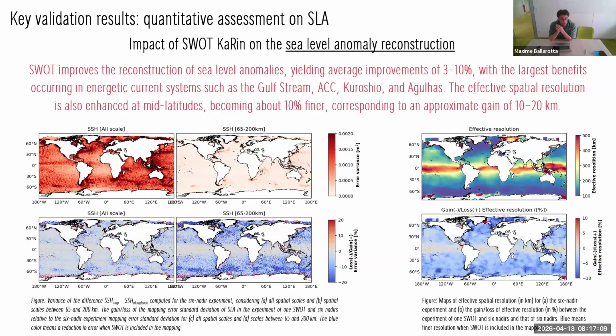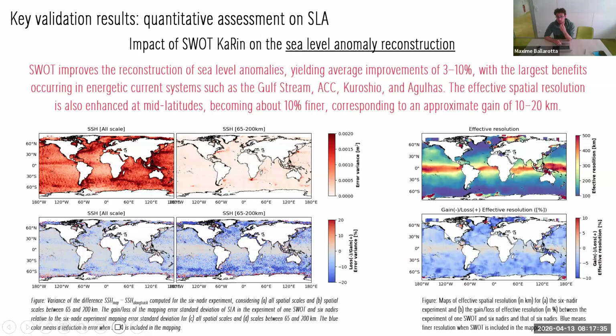So what we can see from this picture is that, mainly for the short spatial scales, the contribution of SWOT can be large, particularly in the energetic currents, for example in the ACC here, where you can reduce the error up to 15 or 20%.